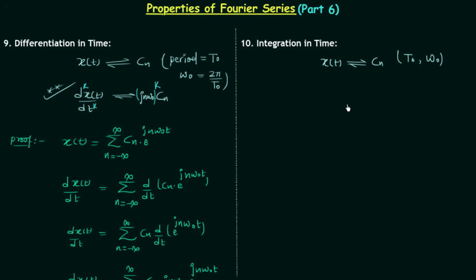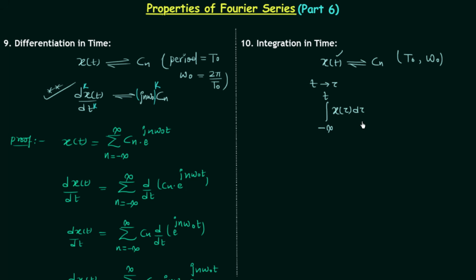And we know for the integration, we first change t to tau because we are interested in performing the integration from minus infinity to t. This t is any instant of time, and to avoid the confusion between this instant of time and the variable we are having in the signal, we simply replace t by tau. So tau is the dummy variable and we will have signal x(tau), and it is integrated with respect to tau.